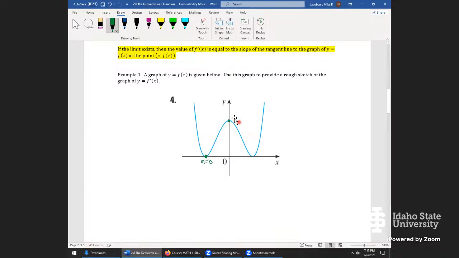Likewise, this point would be called a local maximum because nearby it's the highest point. It also has slope 0. So look for where there's local maximums, local minimums. You know the derivative value there, it's 0. Because the derivative is the slope of the tangent line, and that horizontal tangent line is at slope 0. So last one, slope equals 0 there.